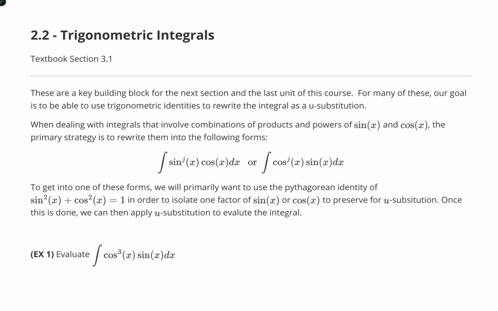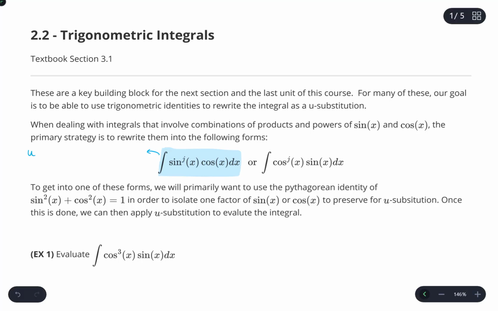So the idea here is, in that form right there, let me highlight that one. If I were going to substitute, then I would say that u is equal to the function that has the exponent on it.